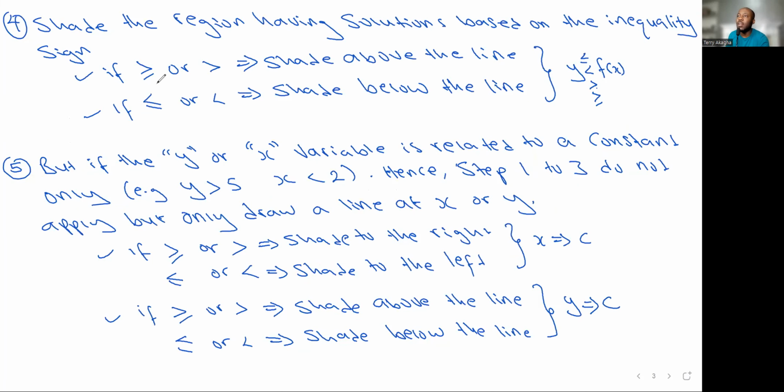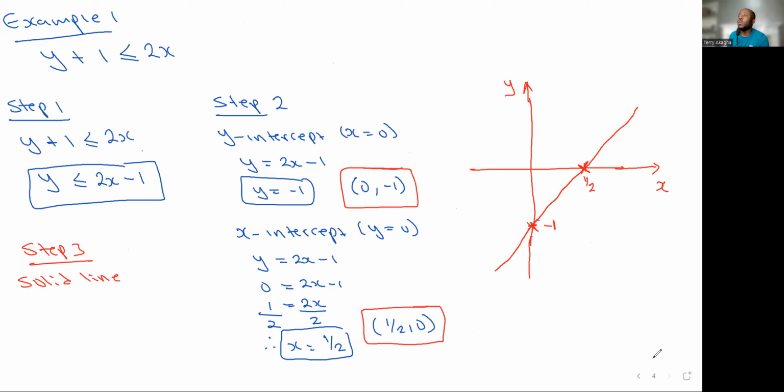Greater than, or equal to, we shade above the line. Less than, or equal to, we shade below. So what do we have? We have less than or equal to, so we have to shade below. That means the solutions for this inequality are below this line. And that will be that. Okay, so let's pick another example, example 2.